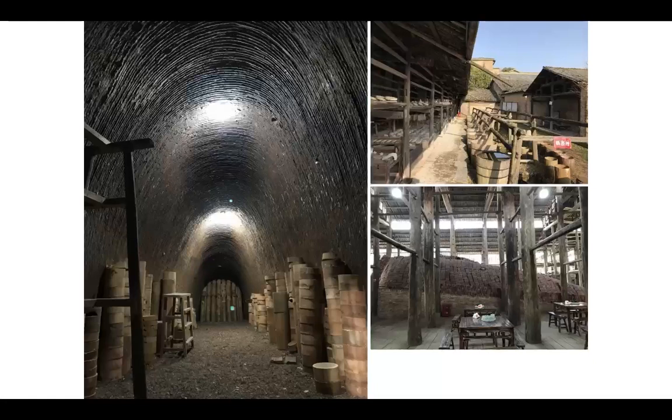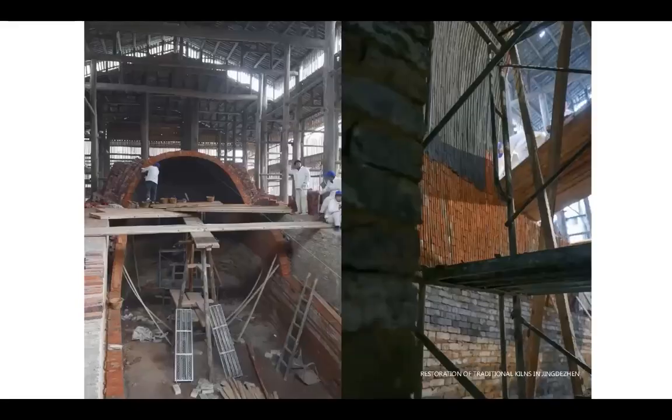You cannot escape it. Even like this kiln: the winter is very cold in Jingdezhen, the summer is hot, but sometimes in the snow season, the school moves to this area. They take advantage of the kiln, and it became a social place.